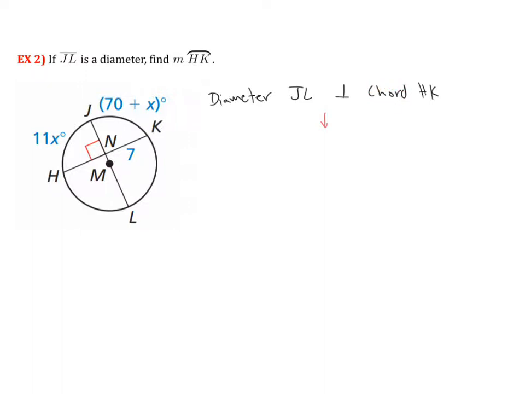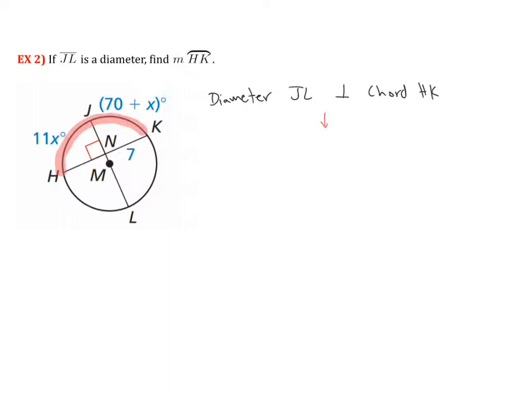From the theorem earlier, we know that if a diameter is perpendicular to a chord, this means that the arc and the chord have been bisected. Now, we're not going to worry about the chord because we are working with the arcs here. So I'm going to pay specific attention to the arc that is bisected. And the arc that got bisected is actually the arc that we're trying to find the measure of. And that's arc HK.